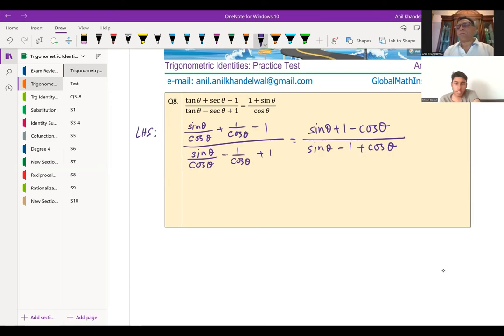Yeah. Over sine theta minus 1 plus cos theta. Mm-hmm. Shouldn't we change the function to sine theta? How will it be? So if it's sine theta plus 1 minus cos theta, then it could be sine theta plus sine plus 1 plus sine squared theta.